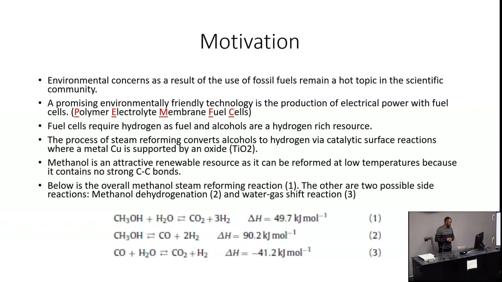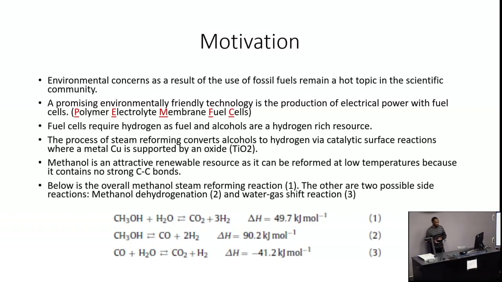Below are the three reactions involved in the reforming process. Reaction number one is the methanol steam reforming reaction, where methanol and water are introduced into the system at a certain temperature, and at the end of that process you are left with carbon dioxide and hydrogen.